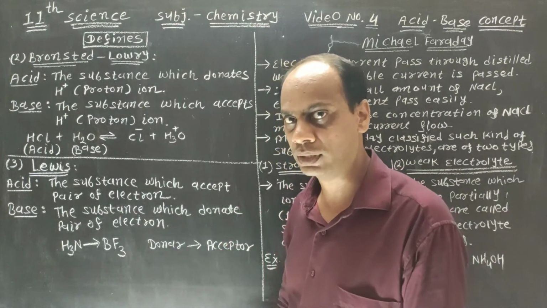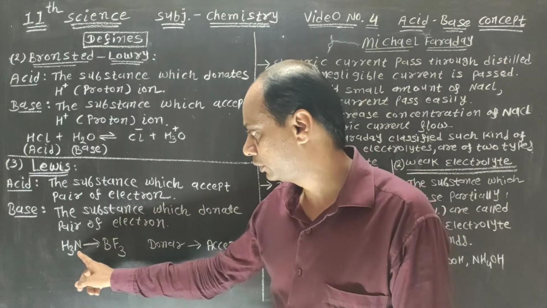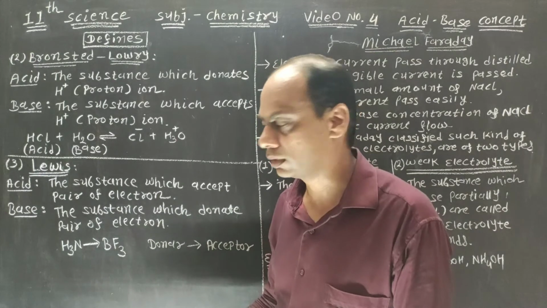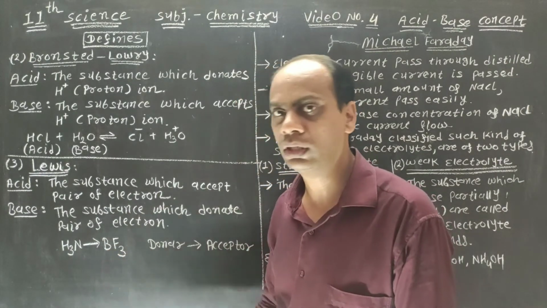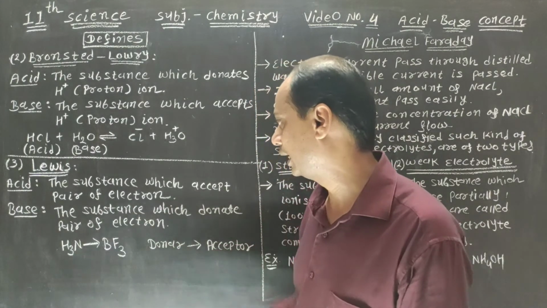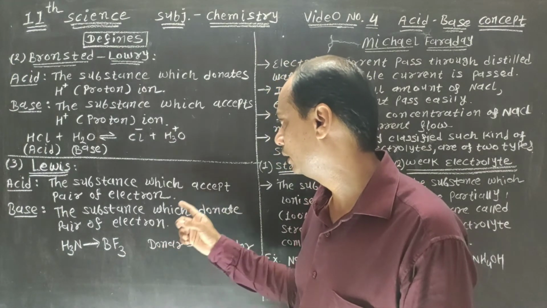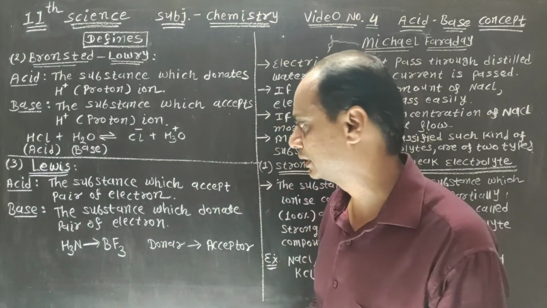We can clear the definition by the following example. In the case of NH3 and BF3, the NH3 contains nitrogen and BF3 contains boron as the central atoms. Nitrogen donates a pair of electrons to boron. So ammonia acts as a base, while BF3 accepts a pair of electrons, so it is said to be an acid.